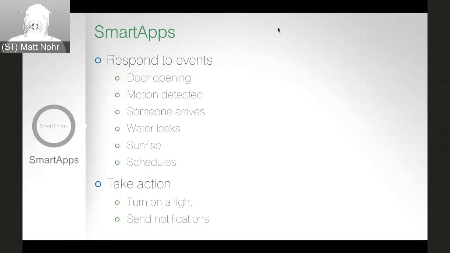All those things can kick off a smart app, and then the smart app has some rules around it to take action. You can interact with your physical devices, like turning on lights or locking doors, or you can set notifications or other kinds of alerts like that.